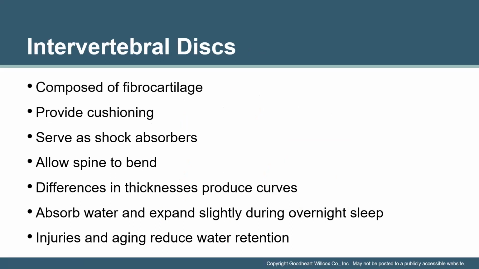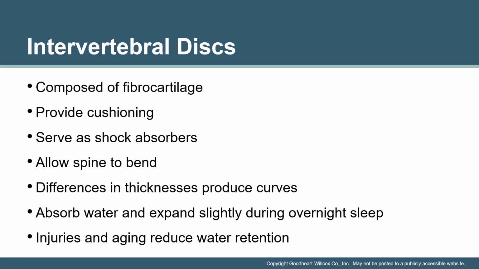Okay, so let's talk about the intervertebral discs, because I think that discs also get a whole lot of airtime, right? If you blow a disc, have a bulging disc or a herniated disc, all different language, and not necessarily the cause of your spinal pain. The intervertebral disc, or the IVD, is comprised of fibrocartilage.